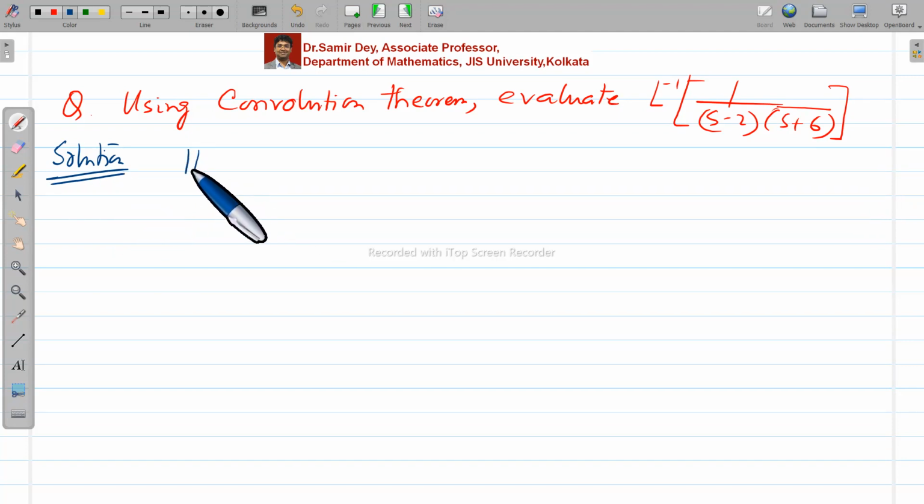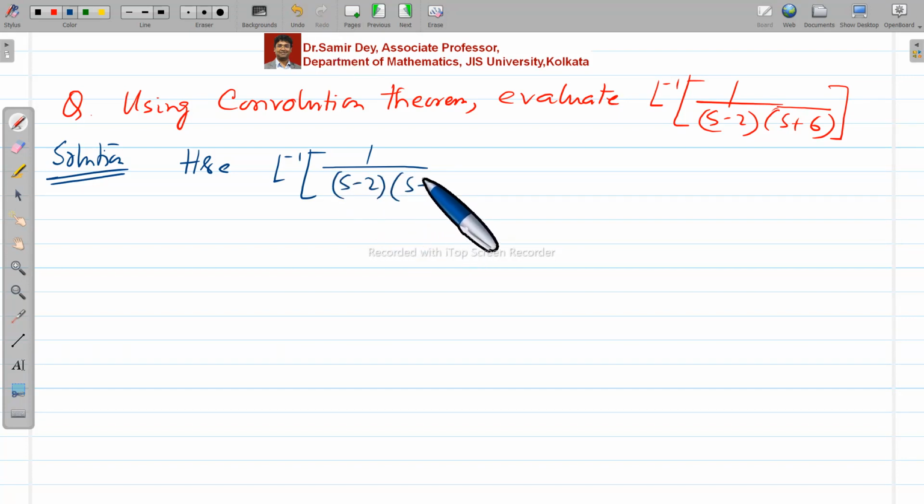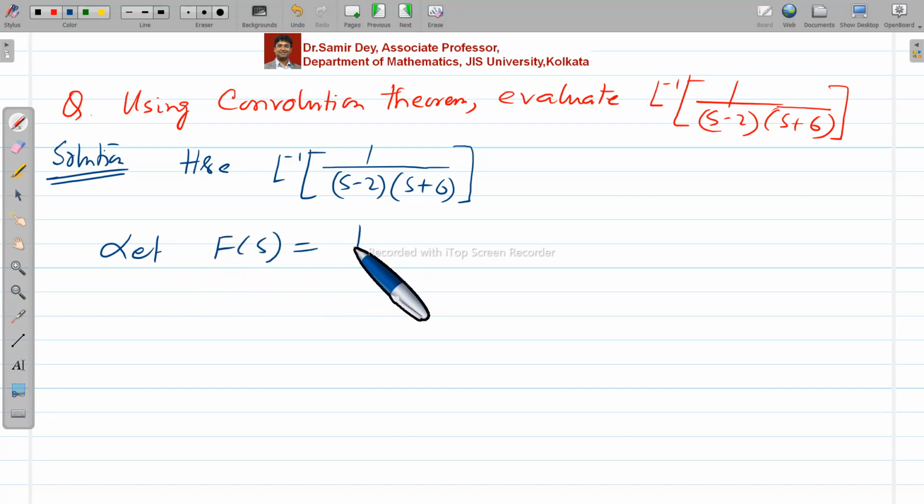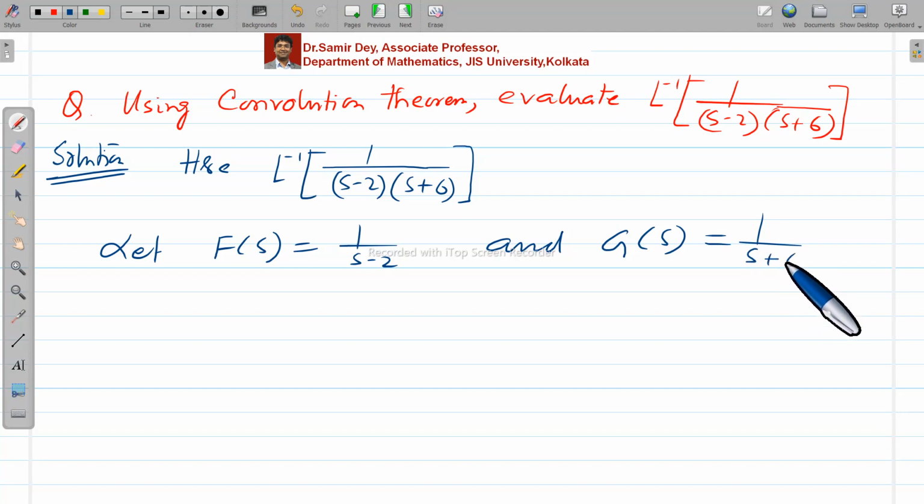Here please write down L inverse of 1 by (s minus 2)(s plus 6). Please consider, let F(s) equals 1 by s minus 2 and G(s) equals 1 by s plus 6.